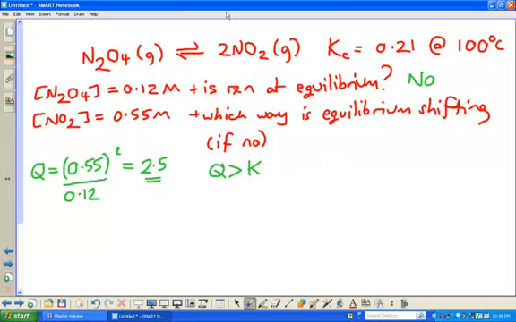So the equilibrium has got to shift to the left. Equilibrium is shifting to the left. And that is exactly how you work out questions like that. Okay? All right, thank you.